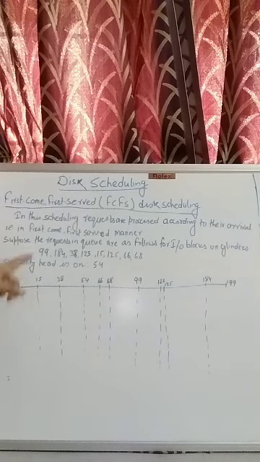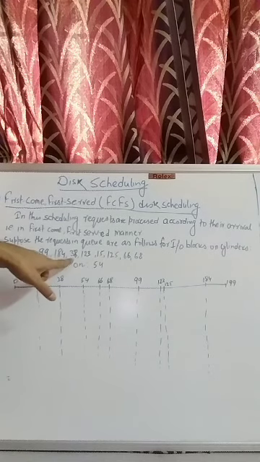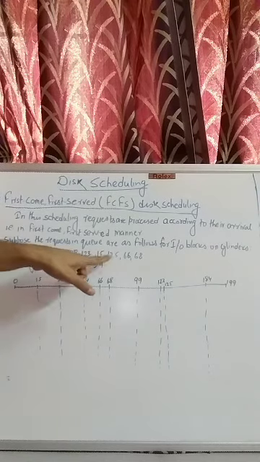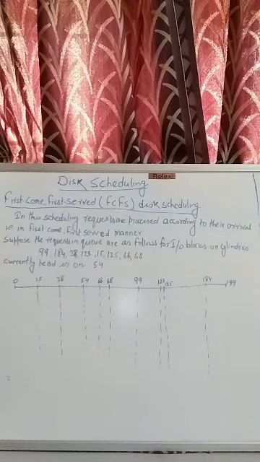That is, these are the disk requests from the processes. The requests are for cylinders 99, 184, 38, 123, 15, 125, 66 and 68. These are the requests for cylinders generated by processes.